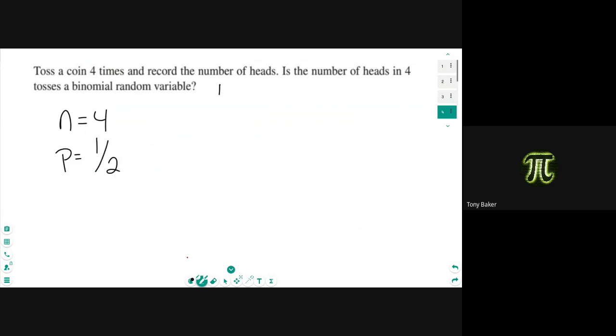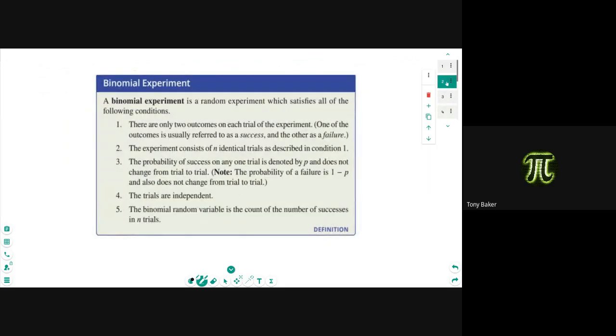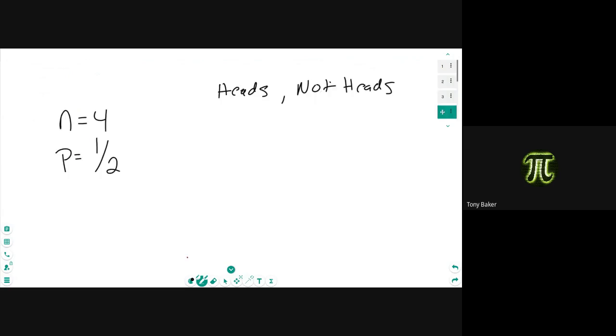So it's heads and not heads. Those are my 2 options. If I flip a coin and I flip the coin again, did the first flip have any impact on the second flip? No. So one outcome is not going to affect the other one. Now, what's the variable that I'm interested in? So it's the number of heads, right?